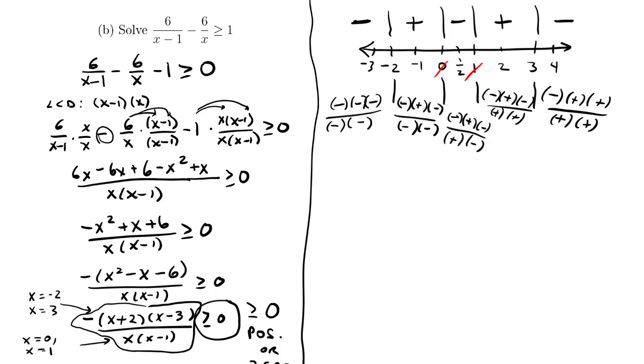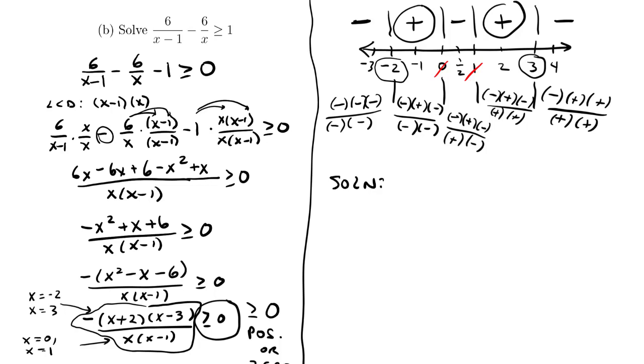Okay, so I want the positive regions there, and then the places where the fraction is 0, which was negative 2 and 3. So now I can put together my solution.